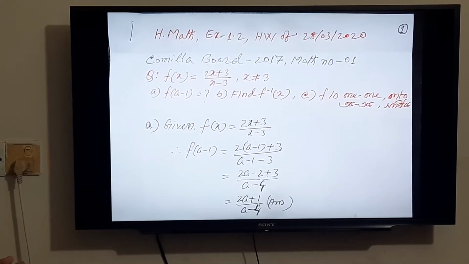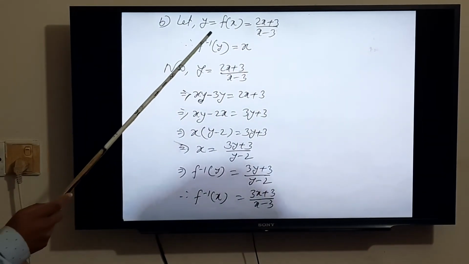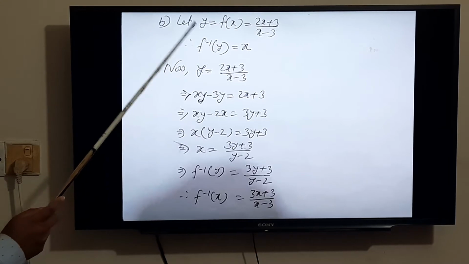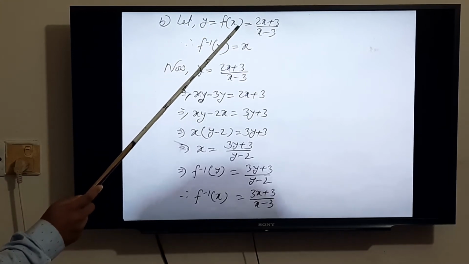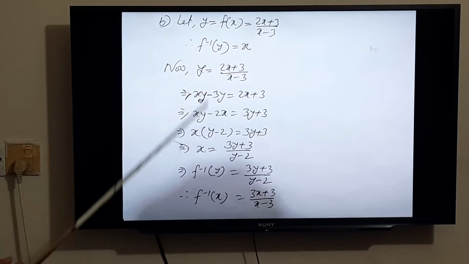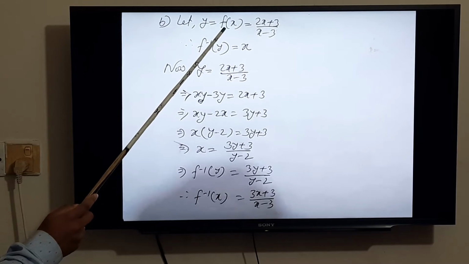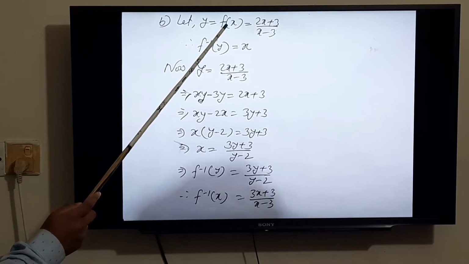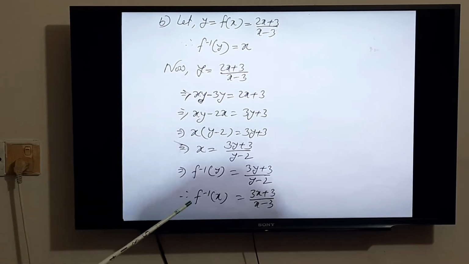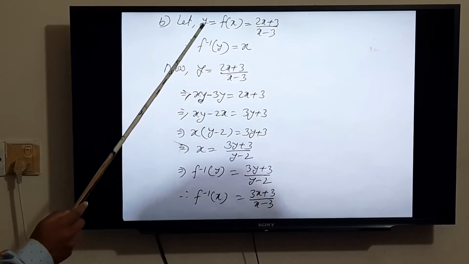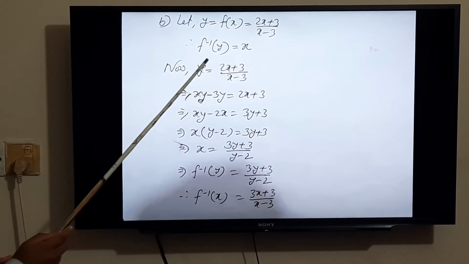For f inverse x, at first you have to suppose f of x to be y. So y is equal to f of x. This is the given condition. If y is equal to f of x, then x is equal to f inverse y.